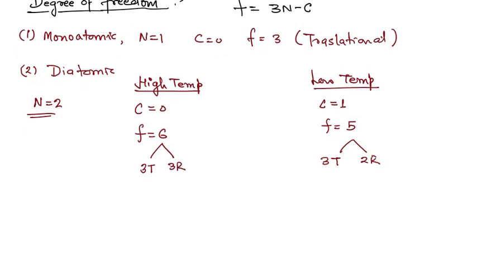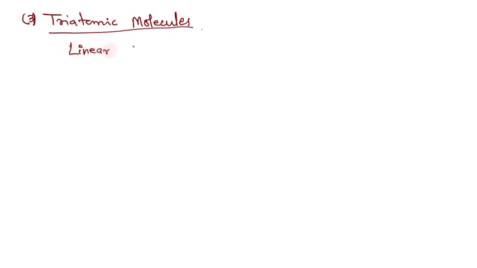Now let's move to triatomic molecules. Here we can divide further into linear and non-linear. By a linear molecule I mean, for example, CO2, which has this kind of linear structure.